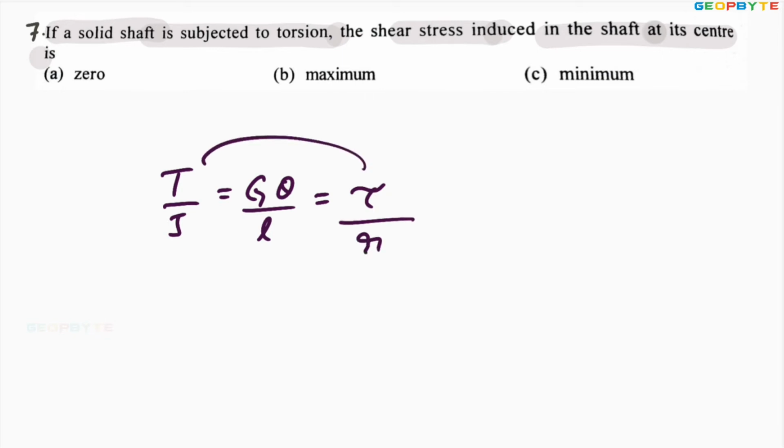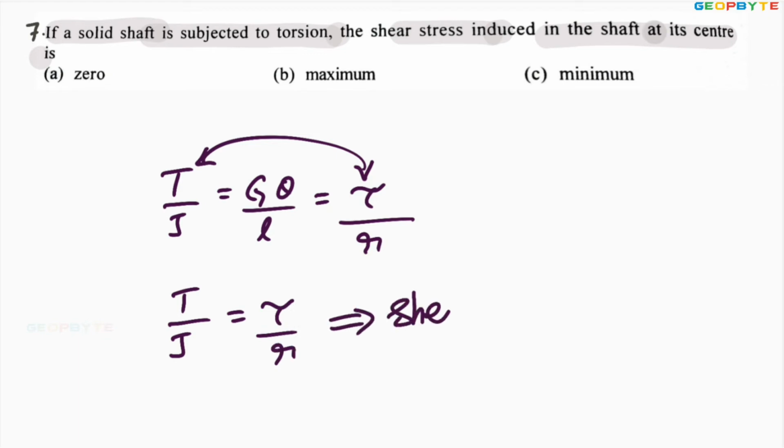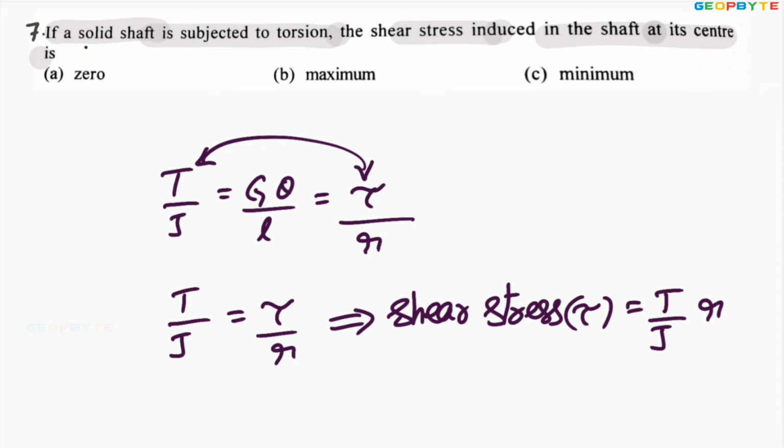You take the first relation and last relation. T by J equal to tau by R. From this, the shear stress tau equal to T by J into R.